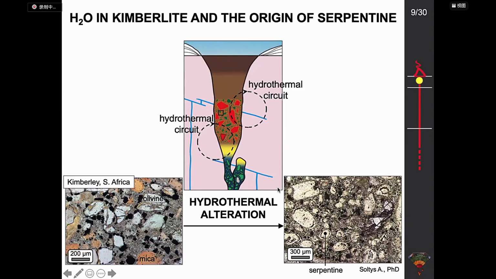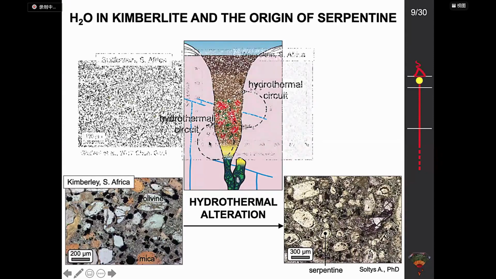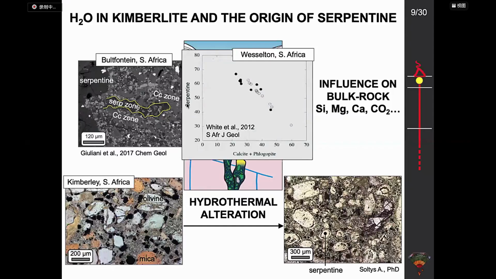Importantly, this also has a fundamental effect, not just in terms of olivine serpentinization, but also in terms of groundmass composition. Steve Sparks and his co-authors in his paper, White is one of his former students, showed that the abundance of serpentine in kimberlite, here on the y-axis, is inversely correlated with the abundance of calcite and phlogopite here on the x-axis.